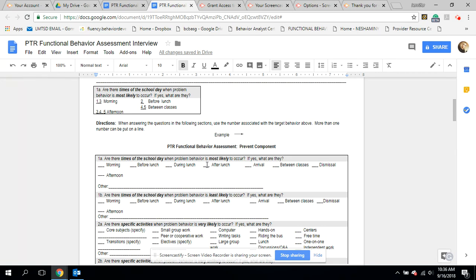So you can say, well, they're not really off task in homeroom, but after lunch they are. So you would just put number three here. Let's say they are also non-compliant after lunch more. You can also put one.